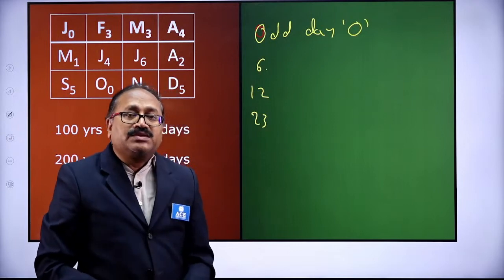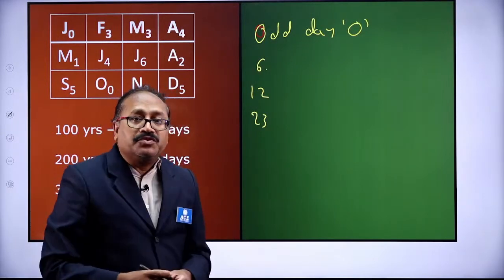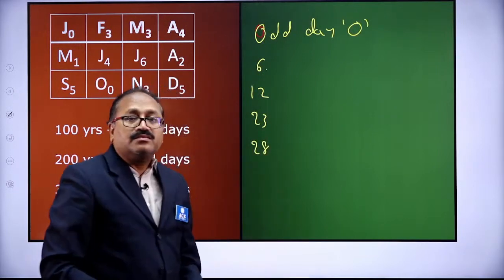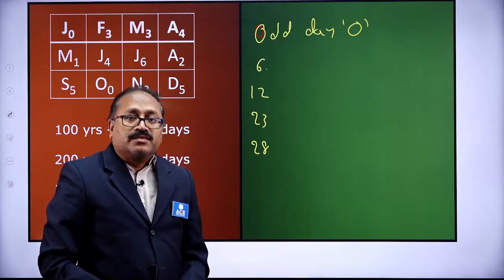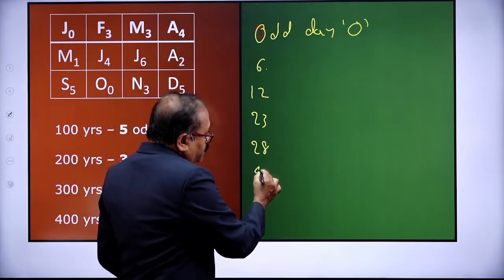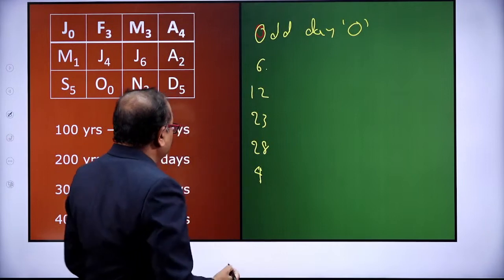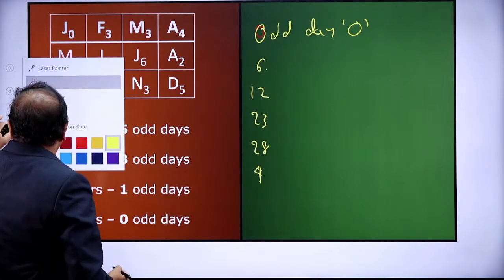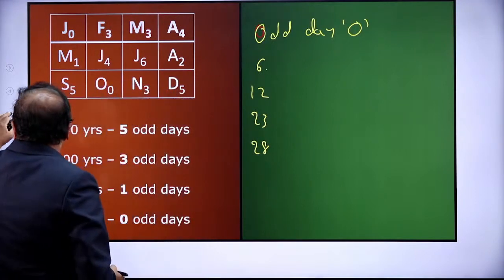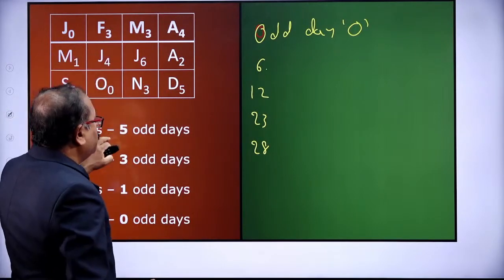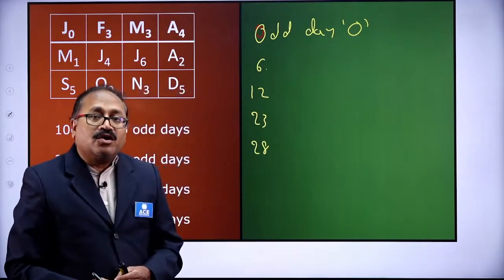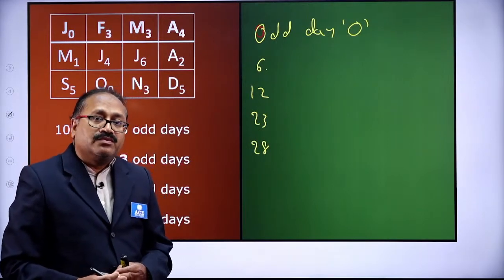Am I right, my friends? So this is what you are expected to know. 28 years, the odd day will be 0. Fine. Let me write down this part. 28 years, the odd day will be 0.